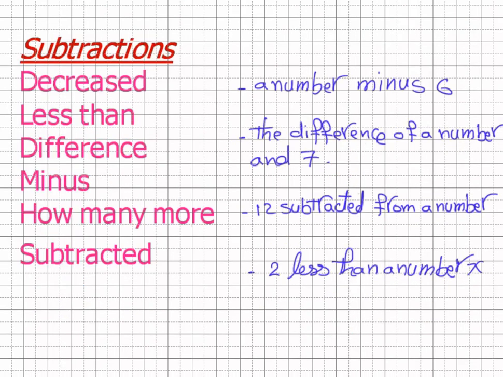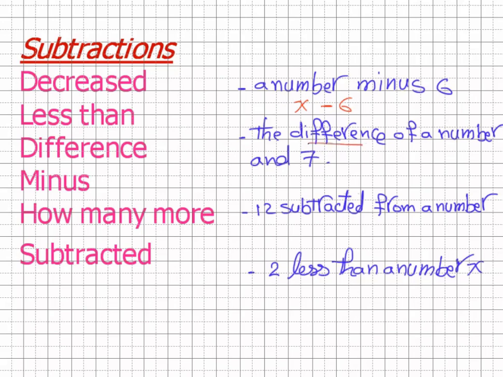And there are some keywords for subtraction, like decreased, less than, difference, minus, how many more, or subtracted. Here we have a number minus 6. We don't know this number, so instead of the name we can put x or any letter that you want: x minus 6.